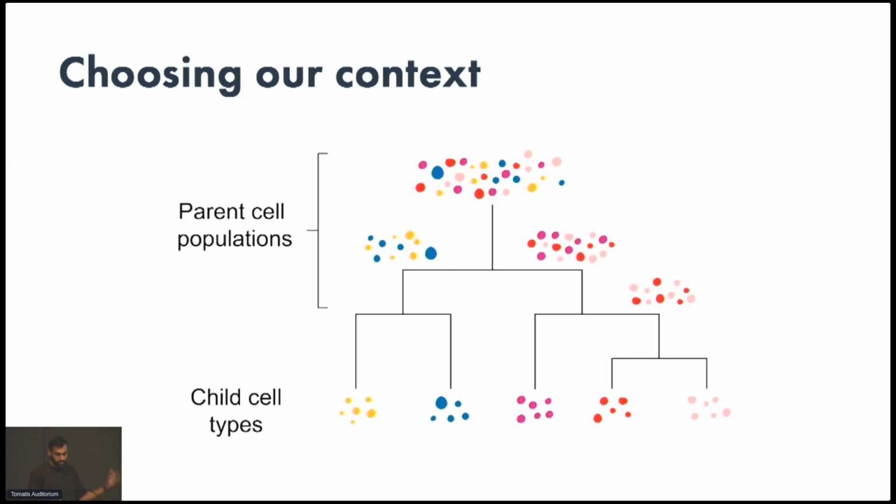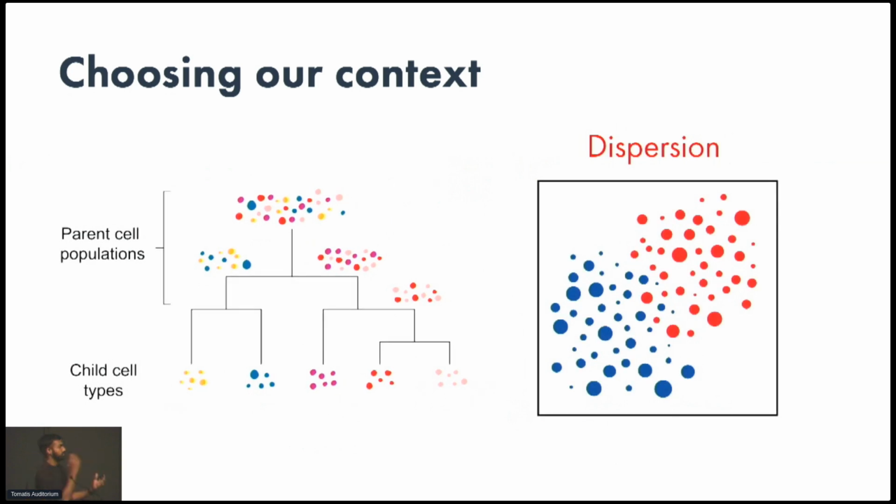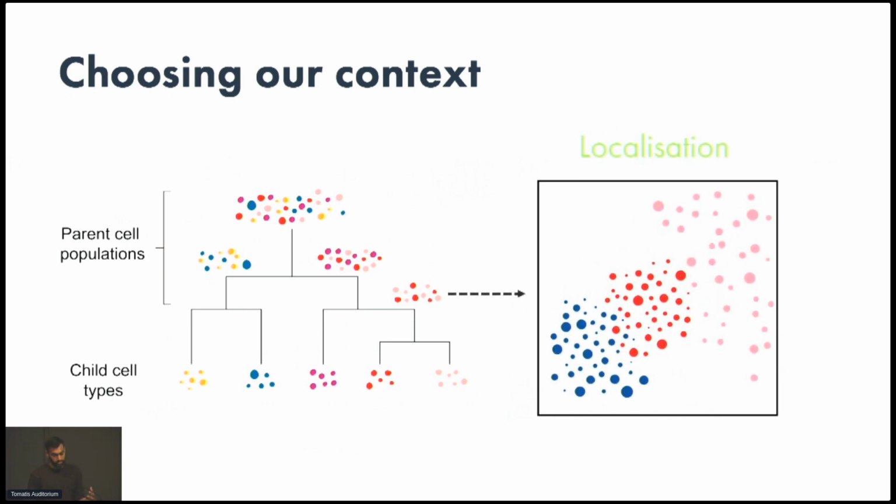And so what we're doing here is we're taking a relationship between two cell types, in this case, red and blue. And as we can see, these two cell types appear dispersed. And we're incorporating this parent information into this cell type relationship. And so now you can see that relative to the spatial behavior of red's parent population, red appears much more localized with blue relative to that parent population.